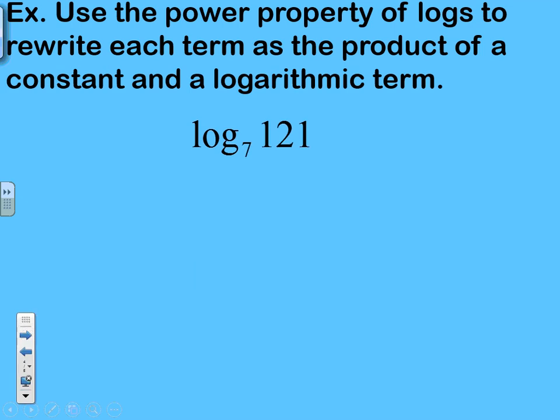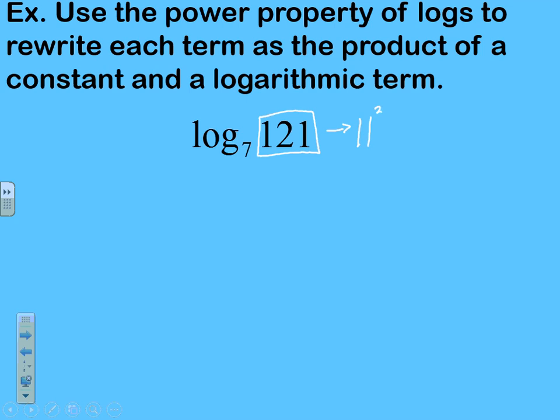So here is our second to last example. No big deal. In fact, a lot of you are probably going to look at this and say, hey, what can I simplify? There really isn't anything else going on here. And this one is a little bit of a tricky one because the 121 is a perfect square. It is the same thing as saying 11 squared.